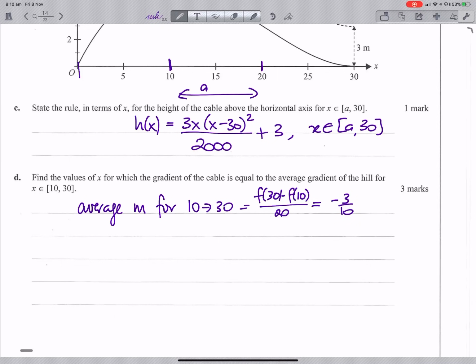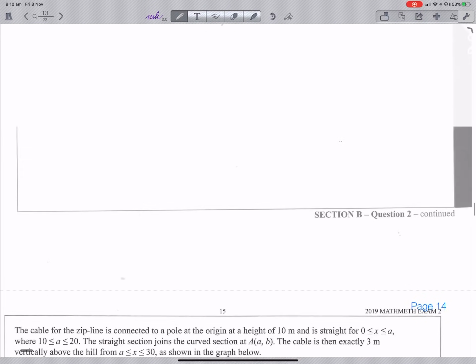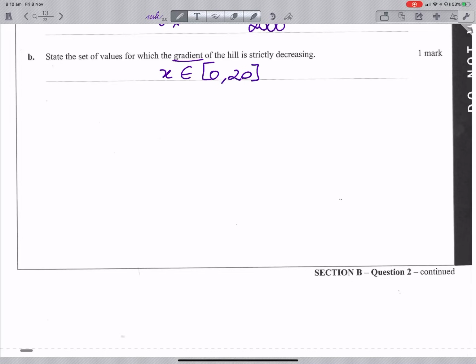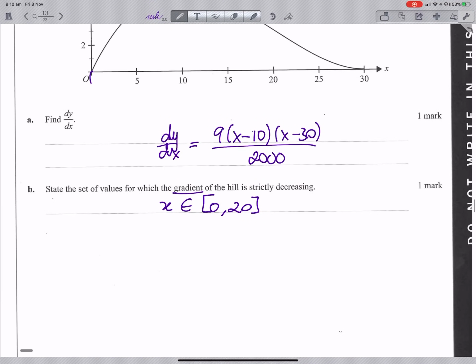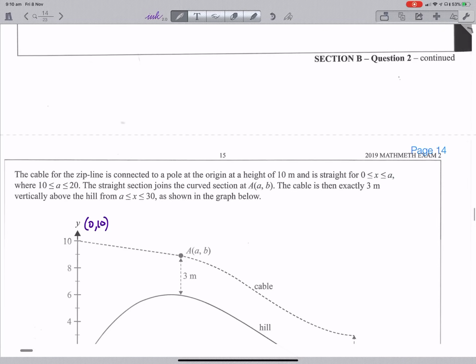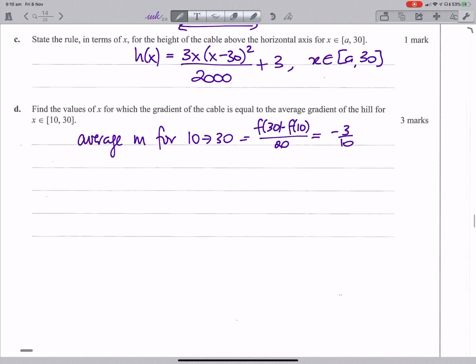Which the gradient of the cable, okay, so then we want to say, what's our gradient again? So 9x minus 10, x minus 30 on 2000 is equal to negative 3 on 10.